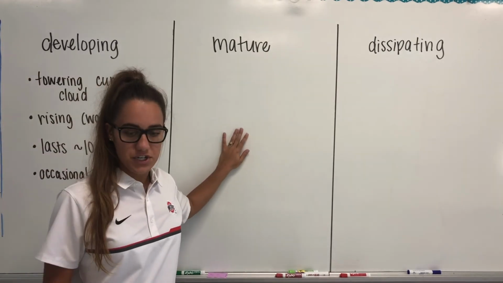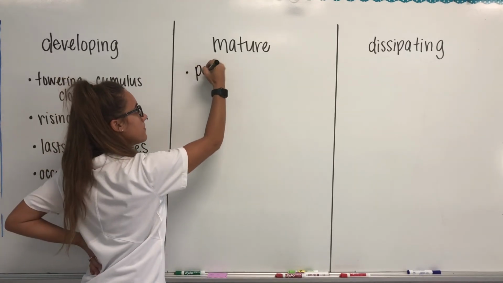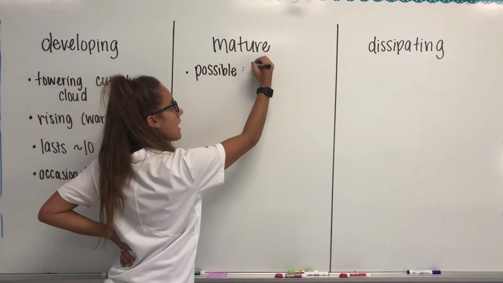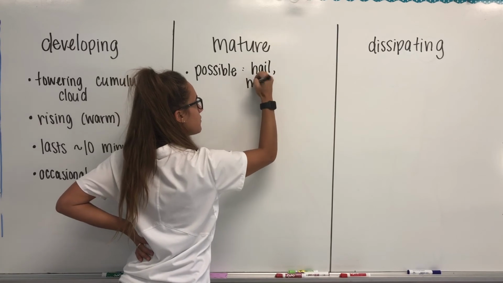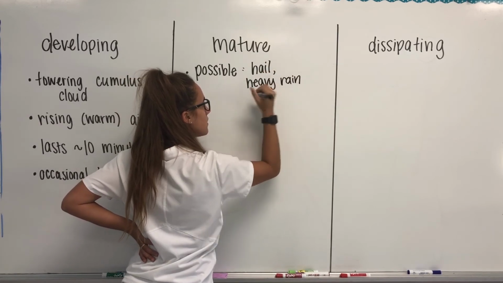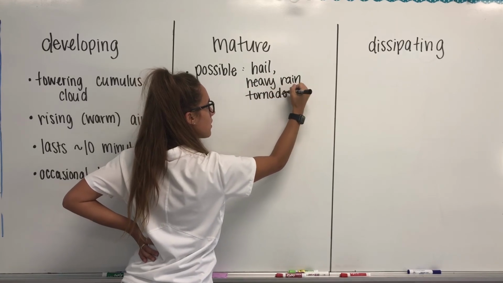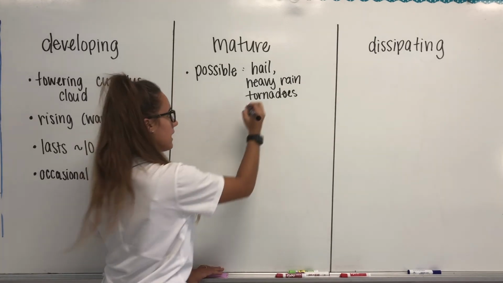Moving on to the mature stage, we have possible hail, heavy rain, tornadoes, and lightning.